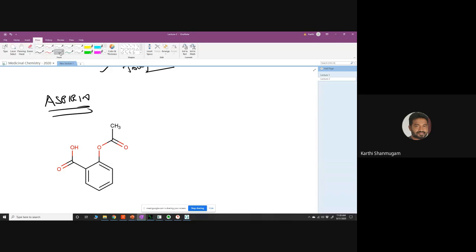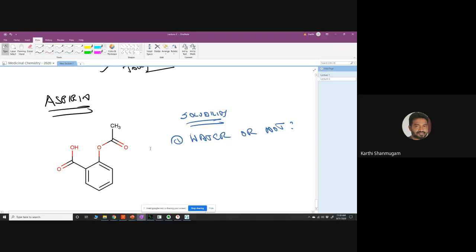My interest is the solubility of this molecule. Can you make a guess whether this molecule will be soluble in water or not? That's my first question. If you say it can be soluble in water, how do you say that?